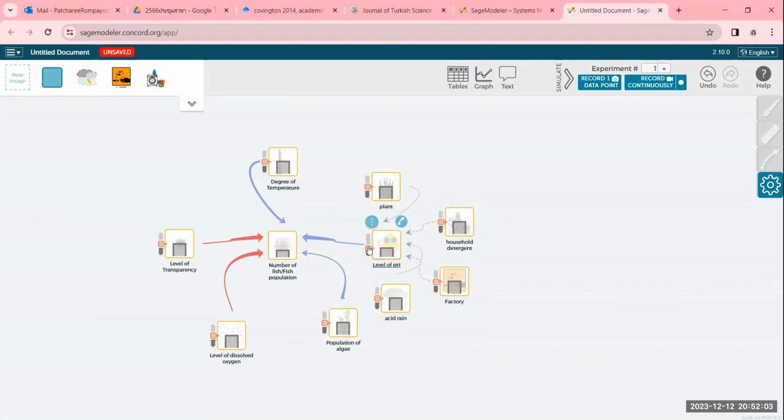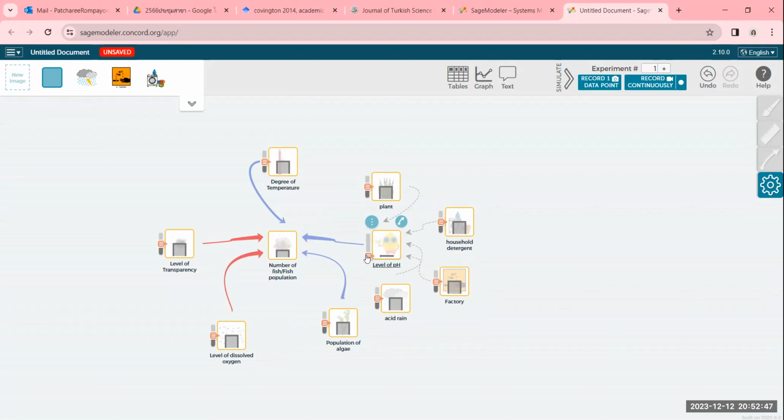So first, if we look at the level of pH increasing, then the number of fish will decrease. Going up, you can set your other sliders, so it goes up and then, so is that working how you want it to work? Yeah.